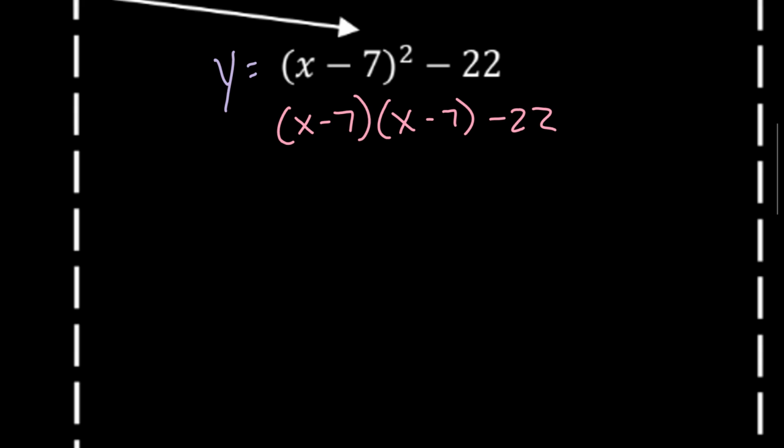Okay. So there's multiple ways we can multiply two binomials. Someone give me one way. How do we multiply these two parentheses together? We can FOIL it.